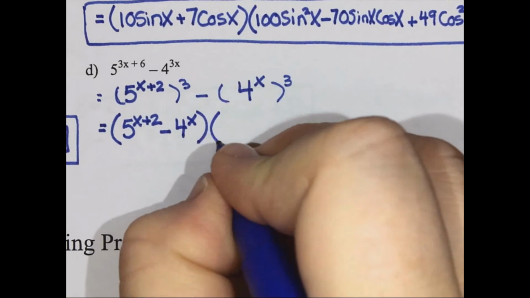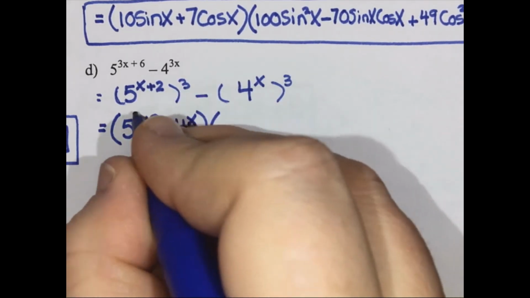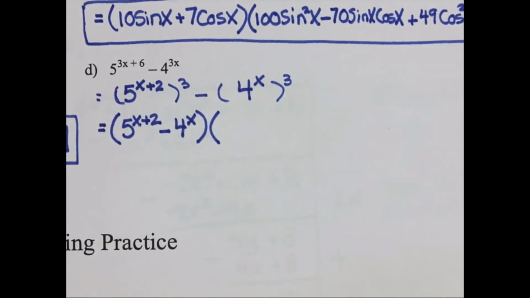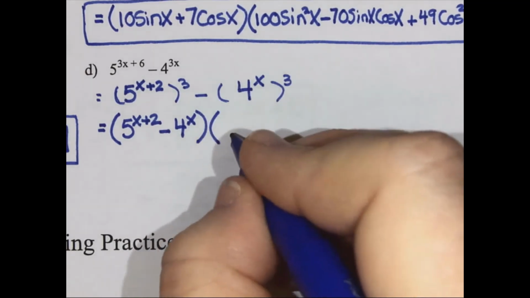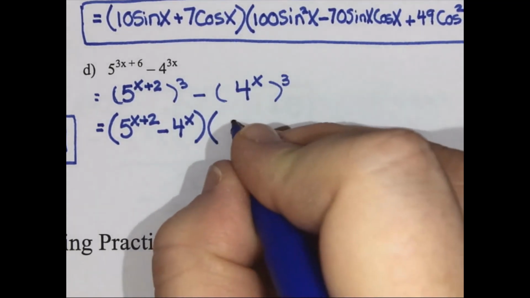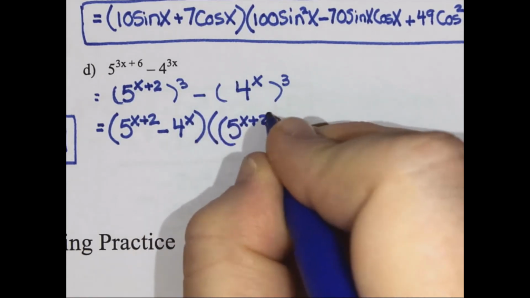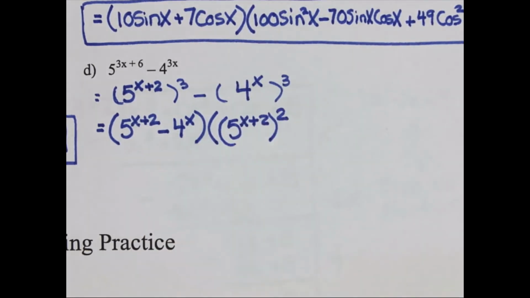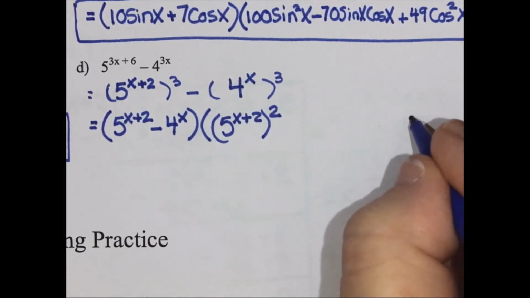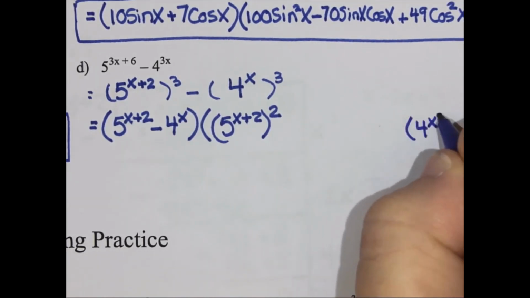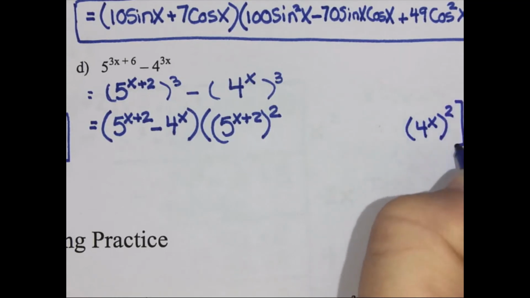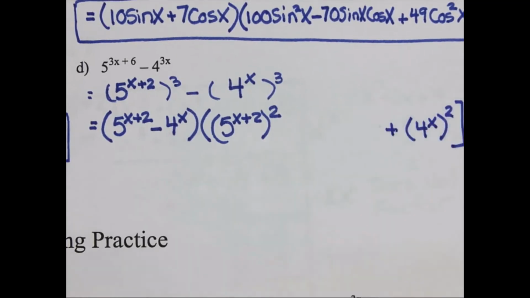In the second bracket, I'm going to take 5 to the power of x plus 2 and square it. So I'm going to write that out first, and then we'll actually do it. So 5 to the power of x plus 2, and then we're going to square that. My last term is going to be 4 to the power of x, and we're going to square that, and that will be positive.